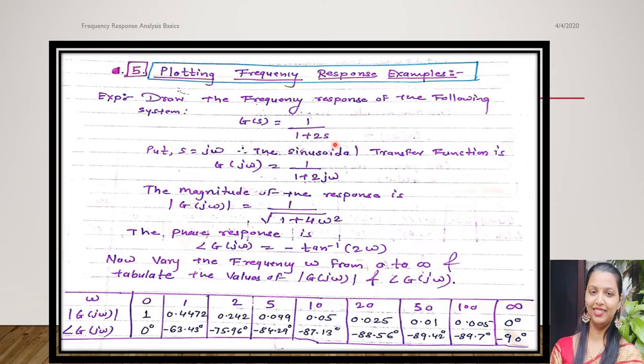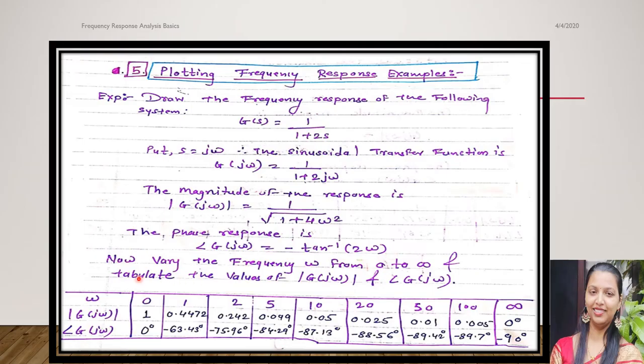So how to get the solution for this? First of all, you have to put s equal to j omega. Therefore, the sinusoidal transfer function is G(j omega) equal to 1 upon 1 plus 2j omega. Therefore, the magnitude of the response is magnitude G(j omega) equal to 1 upon square root of 1 plus 4 omega square, and the phase response is angle G(j omega) equal to minus tan inverse 2 omega.